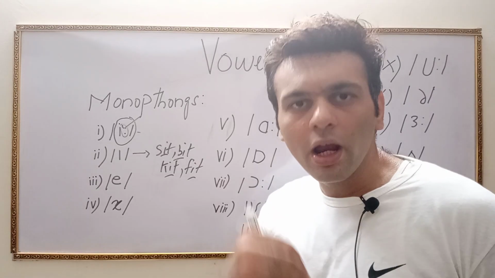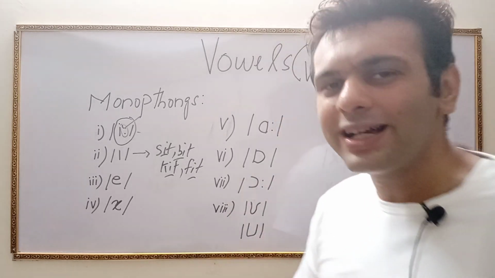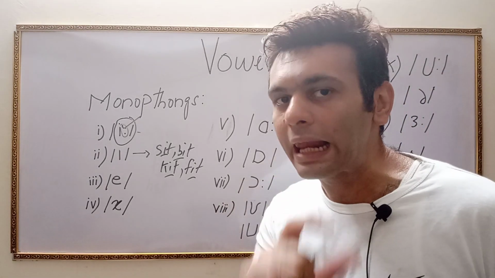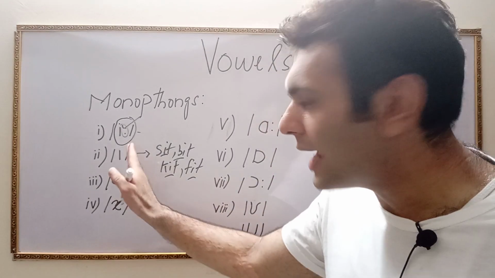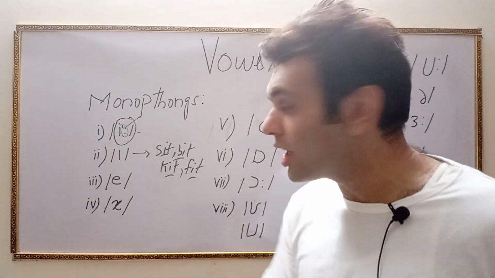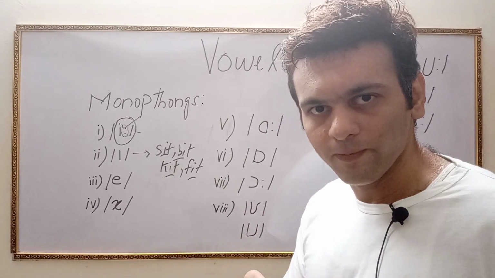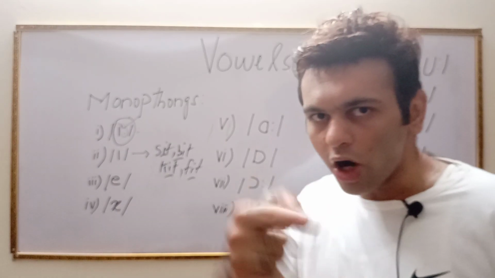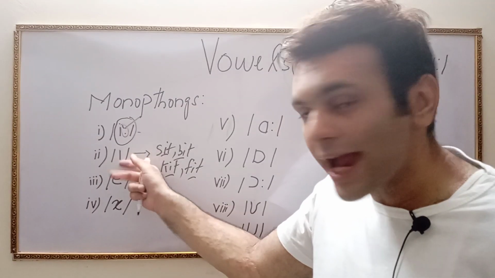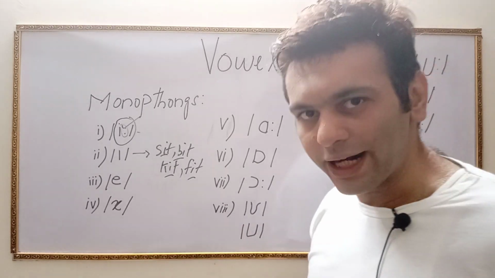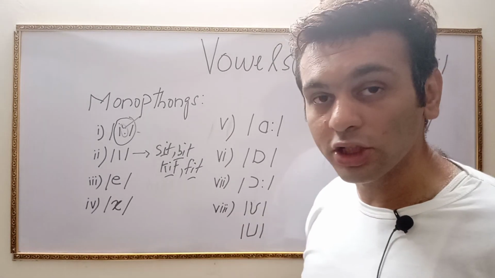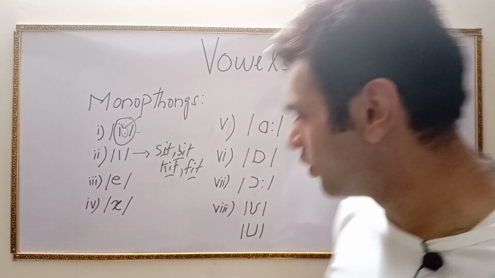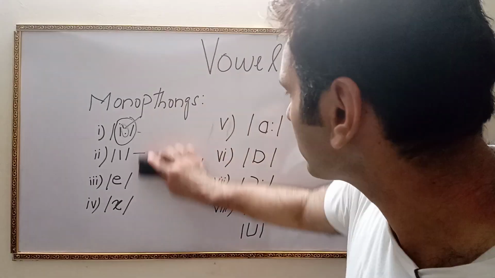They do not take much greater stress, rather they are quite short in length, and that is why they have been put into the category of short vowel. And you can't see the two dots attached to the vowel. That is the reason. Why? Because it is not a long vowel.